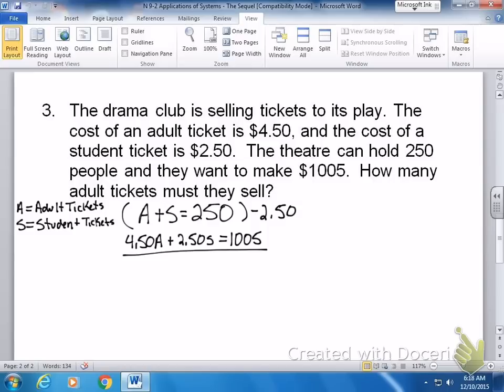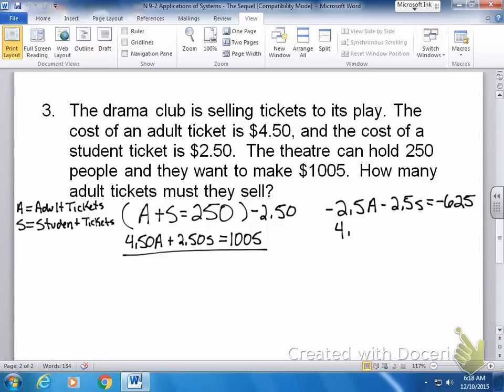So if I do the multiplication, I get negative 2.5A minus 2.5S equals 250 times negative 2.5, which is negative 625. I didn't change the other equation, so I'm just going to rewrite it.